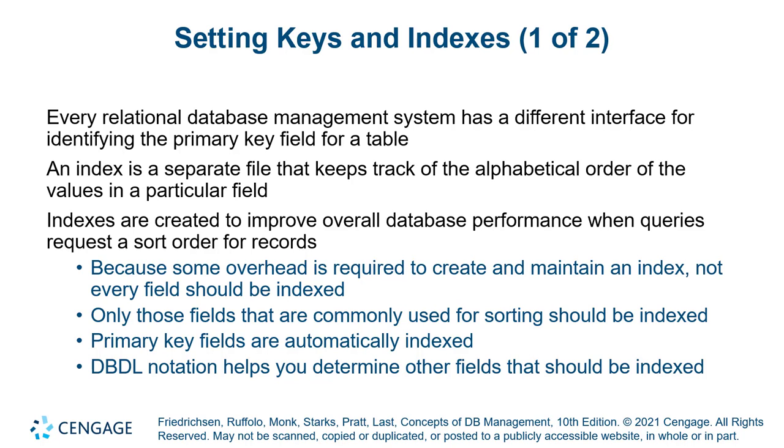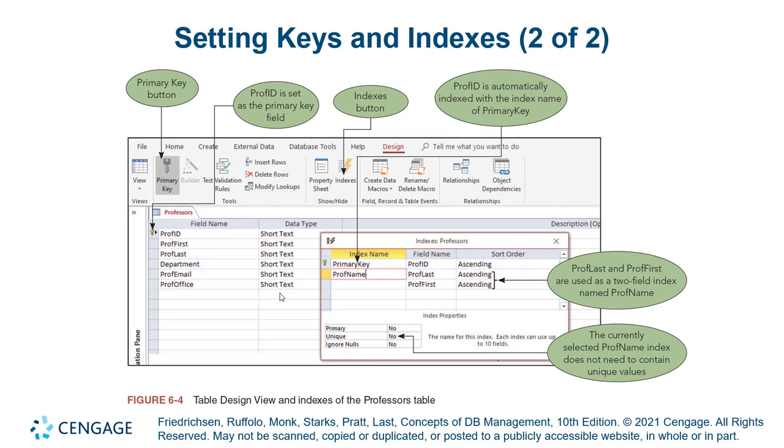That's why we write out those keys in that documentation, because that will help us determine which fields we're going to be using more frequently and sorting on more frequently so that we can create indexes for them.